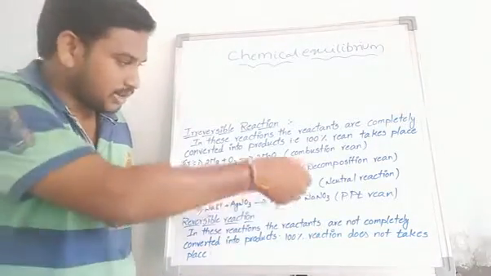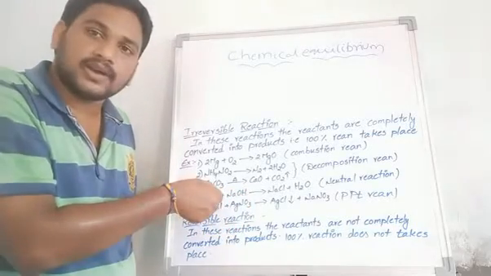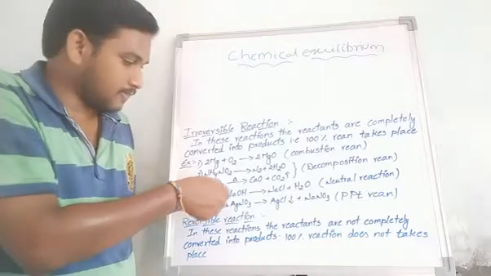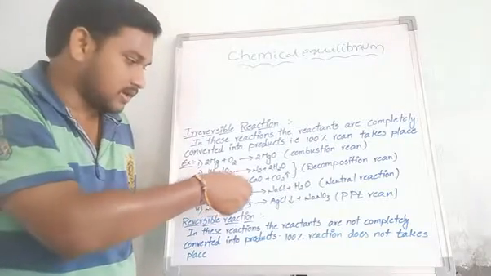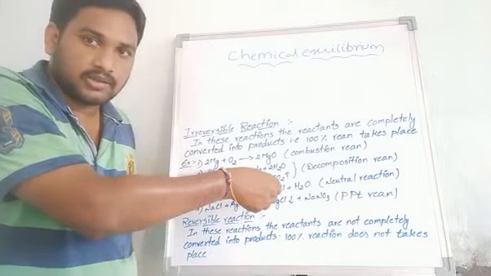Okay, one more decomposition reaction, students. Calcium carbonate, when heated, gives calcium oxide and CO2 gas. Students, this is the most important decomposition, that of calcium carbonate. If an open vessel is taken, the gas will escape outside, so that example belongs to the irreversible reaction.